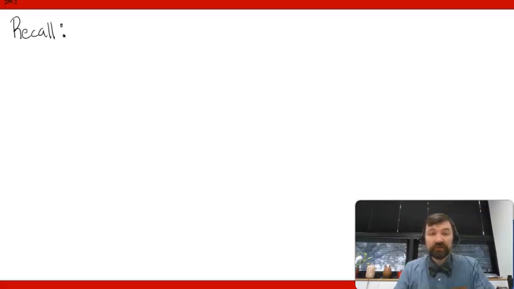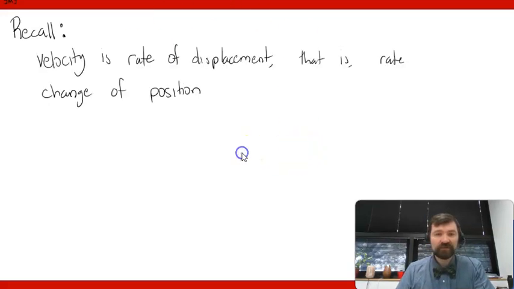So let us begin with a little review again. Recall that we've previously defined the velocity. So what is the velocity? Well, it is the rate of displacement, or put differently, the rate of change of position.